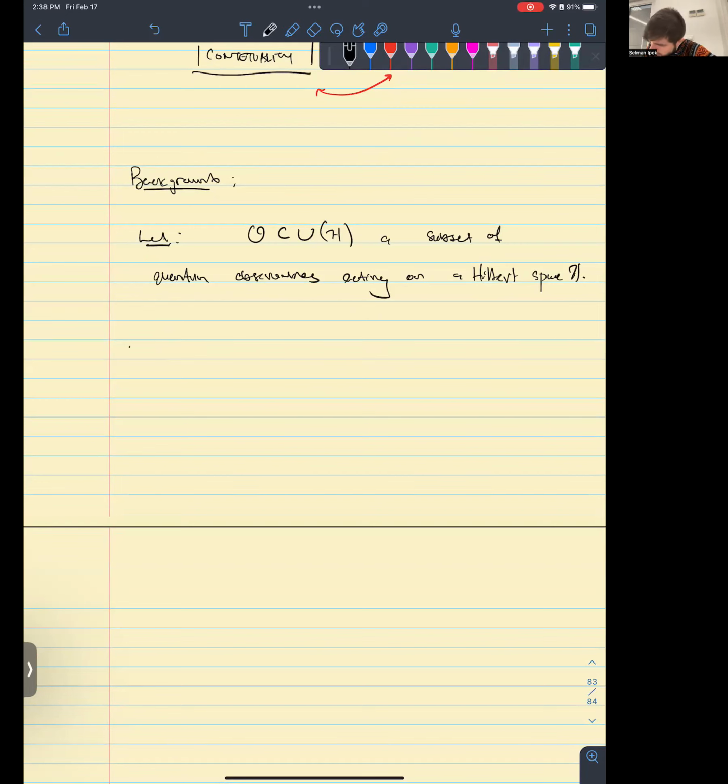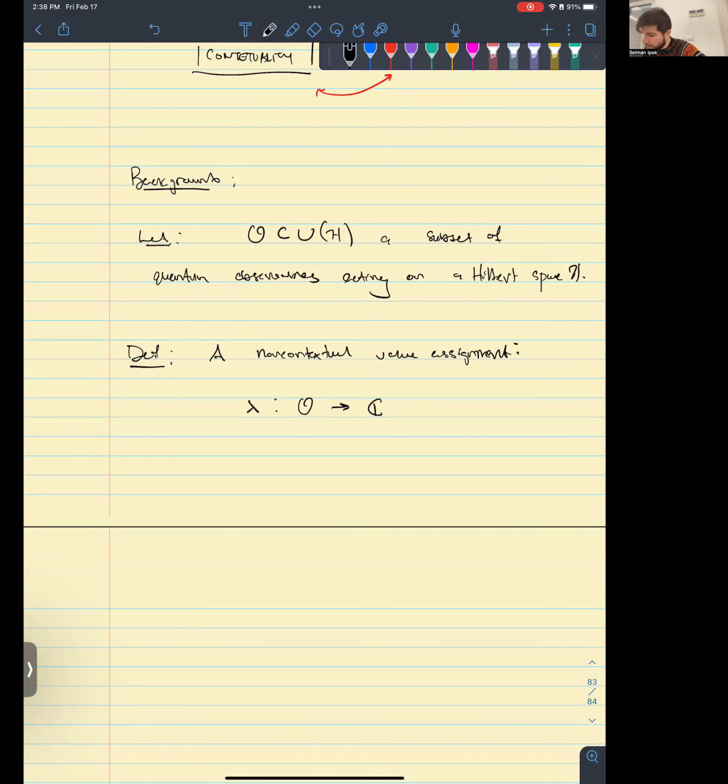One of the things that's going to be background is this idea of a non-contextual value assignment. A non-contextual value assignment is going to be given by a function lambda going from my set of observables to perhaps something like complex numbers.